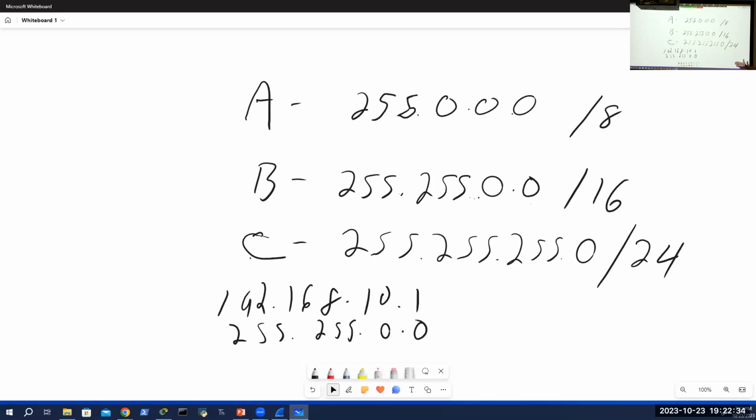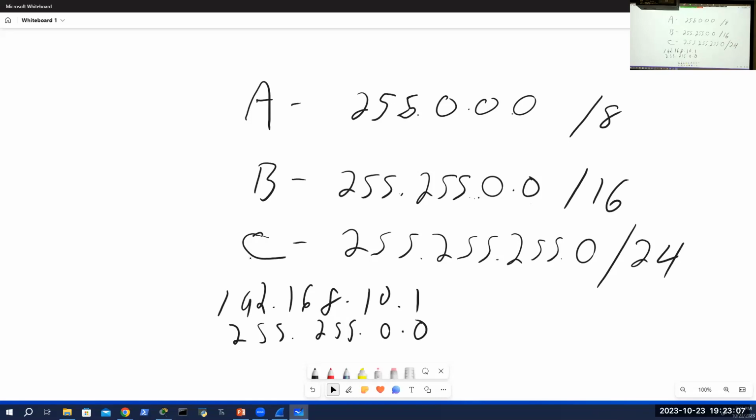It doesn't change this to being a class C. It just means that instead of the first 24 bits, this is a class C address, but the whole idea of CIDR, the C in CIDR means what? Classless interdomain routing. So classless means that we're just going to ignore the class and we can use whatever darn subnet mask we want if that fits our needs for our network.